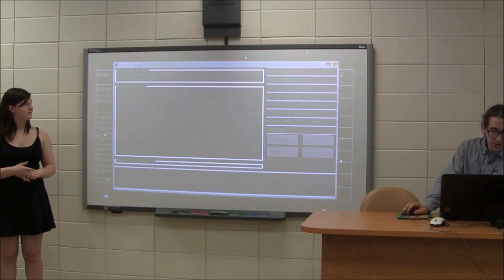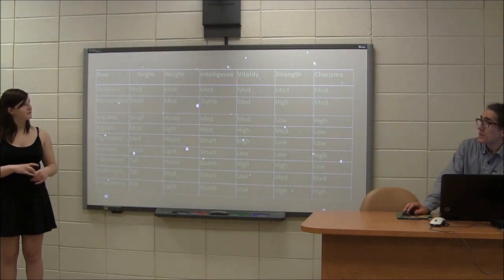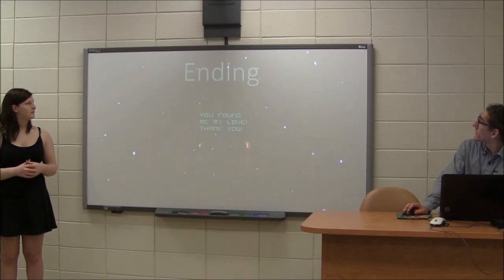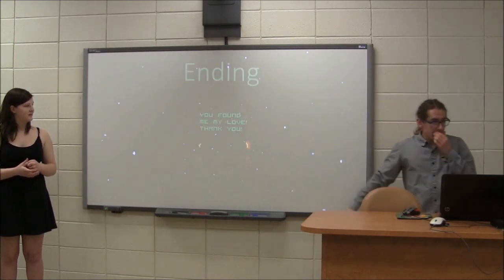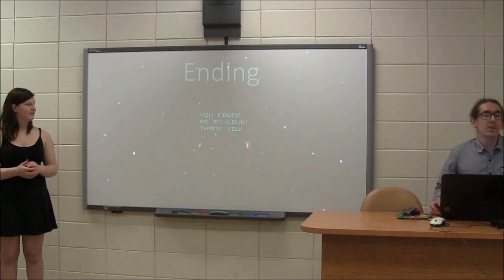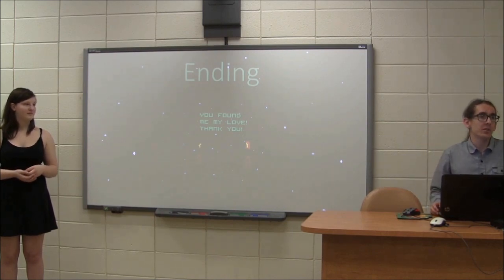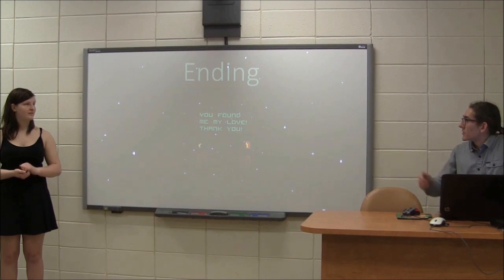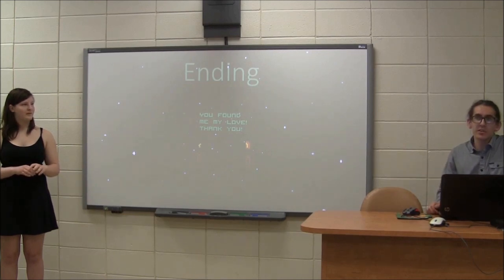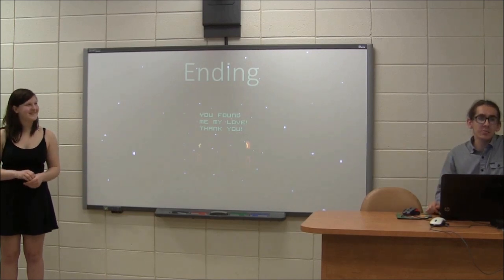So if we continue, we thought that we couldn't access the ending, but here's the ending screen. The ending of the game is that you find an old spaceship that brings you back to Earth, in our solar system, since the bandits are sending slaves to Earth. So you get back to our planet, and then you find your love, and she's happy that you found her, and she thanks you for finding her and completing the game.